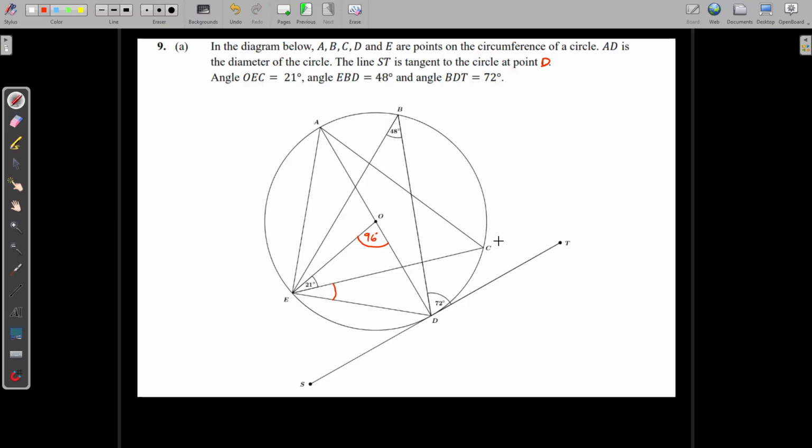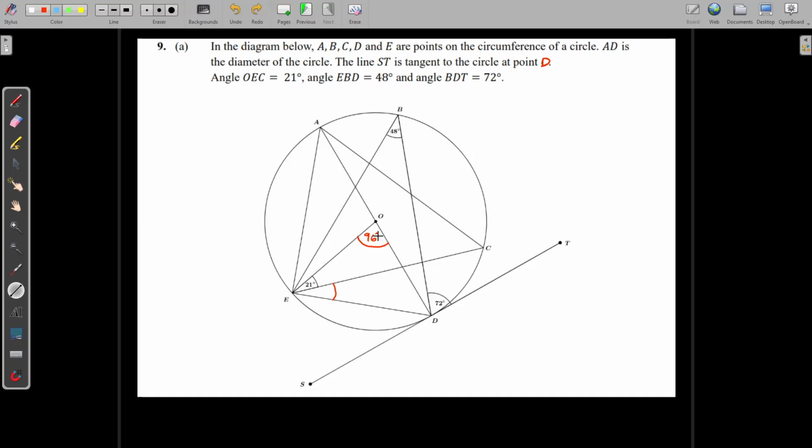And the reason for filling in that 96 is because we're going to have an isosceles triangle inside here. And if this is an isosceles triangle, this is 96, shouldn't we be able to find these two angles? Yes, sir. Alright, so let's see.